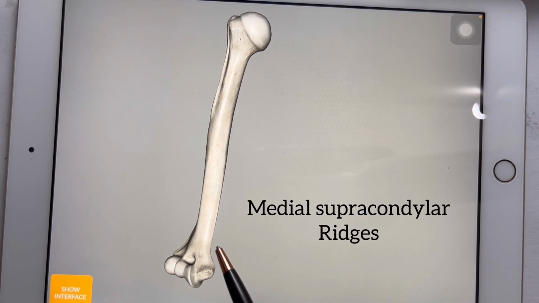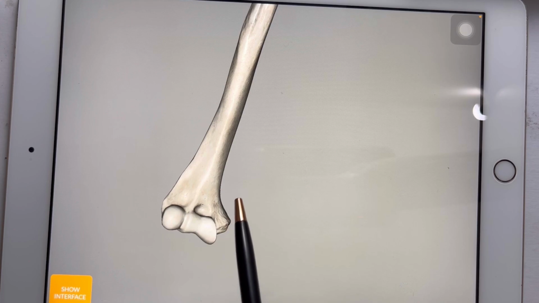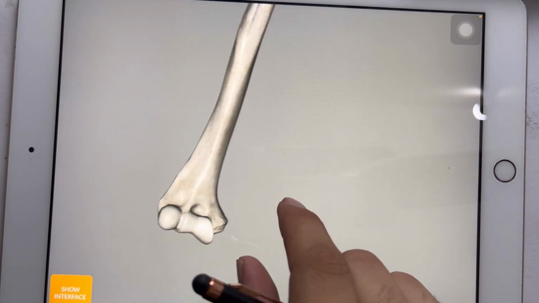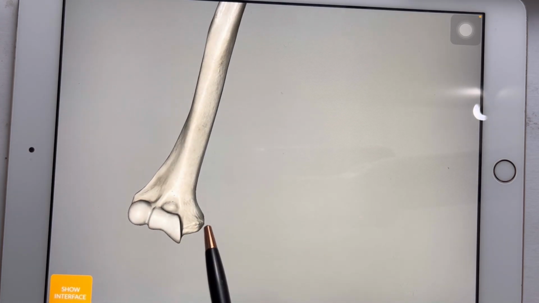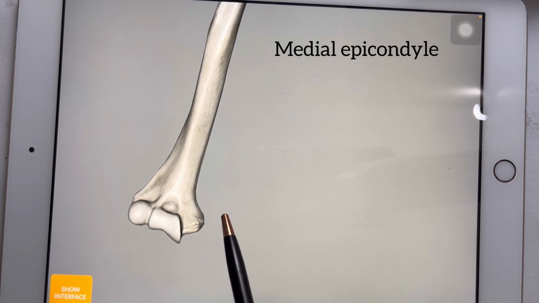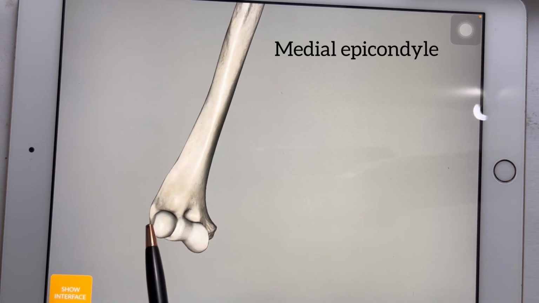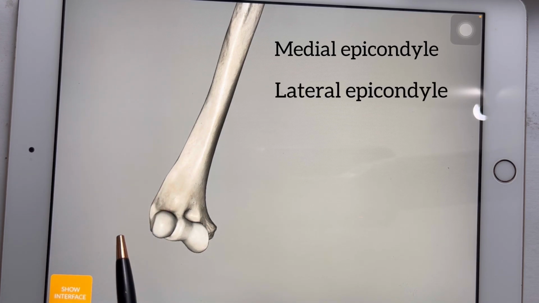medial supracondylar ridge. Now student, moving toward the distal extremities of the humerus bone. At the distal extremities we have the following bony features. This elevation here at the medial side is called medial epicondyle, while at the lateral side we have this rough elevation called the lateral epicondyle.